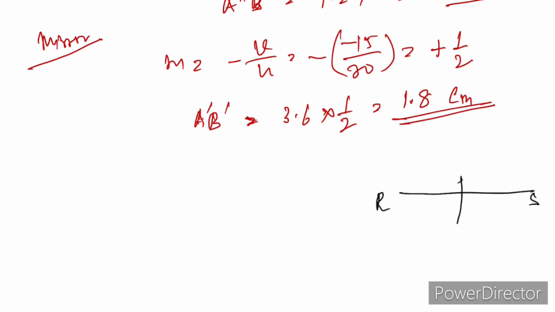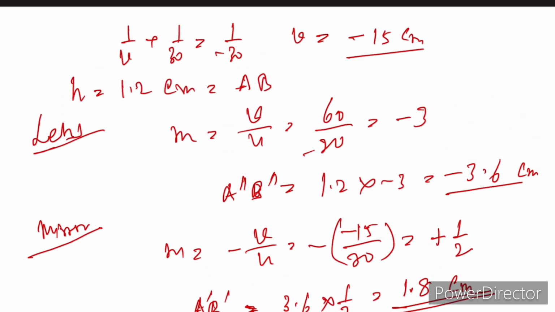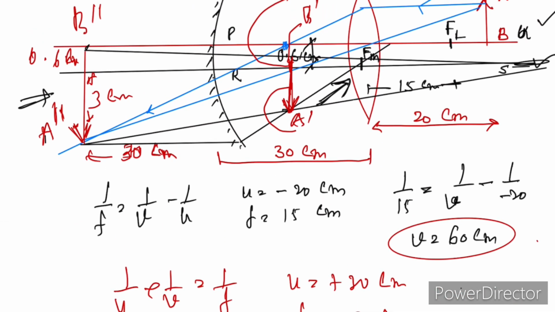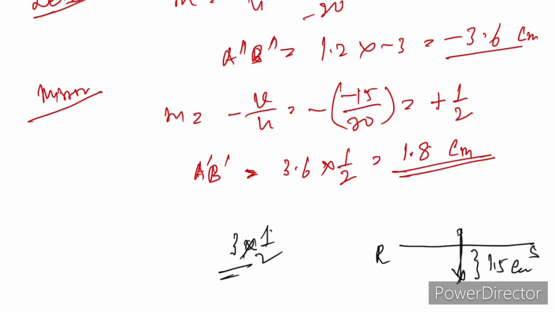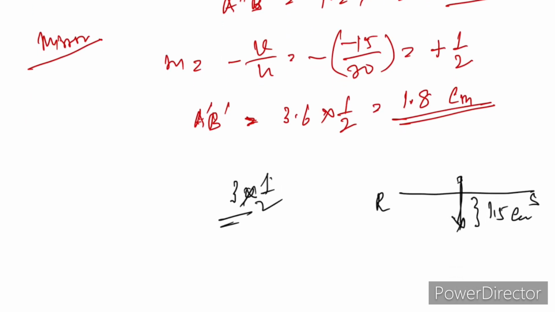So the image is like this, and 3 centimeter, 3 into 1 by 2, this is 1.5. So this distance will be 1.5 centimeter, and here it is 0.6 centimeter. Then it will become half, and that will be 0.3.